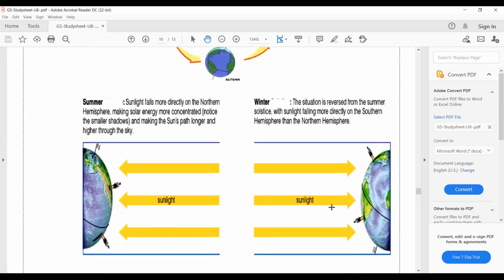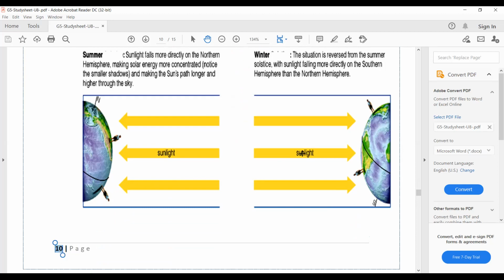To discuss it in more detail, for example, this is the northern hemisphere, or the north half of the earth, tilted toward the sun. That makes the sun rays fall perpendicular on this half. Sunlight falls more directly, or perpendicular, on the northern hemisphere, making the solar energy more concentrated.